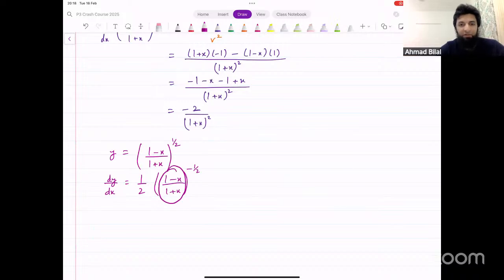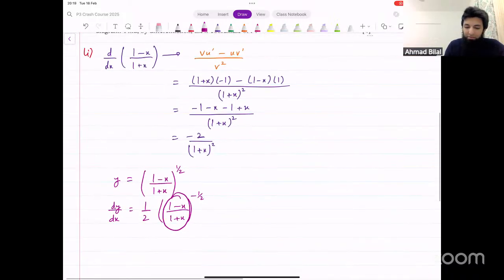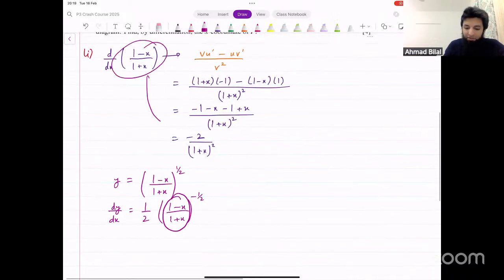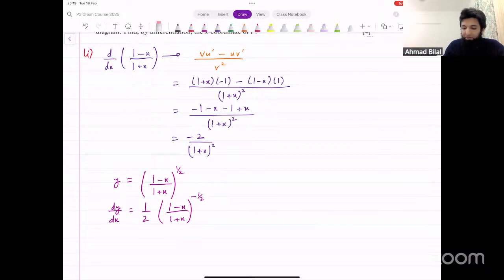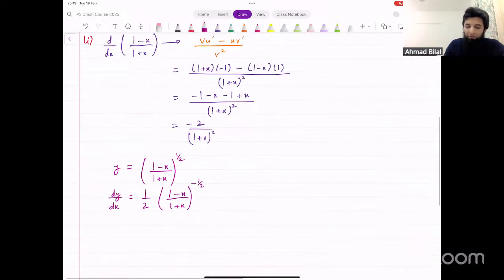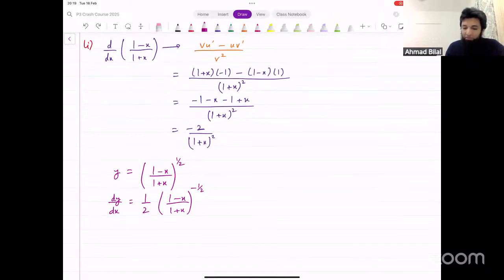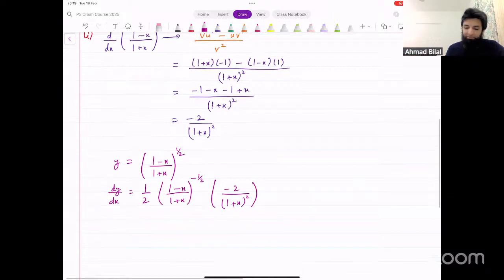What's the derivative of this? They made us find that here first. We already found that, right? We can use that directly. Instead of doing this all over again, we have found this derivative, that's minus 2 over (1 plus x) whole squared. We use that here, minus 2 over (1 plus x) whole squared like this.